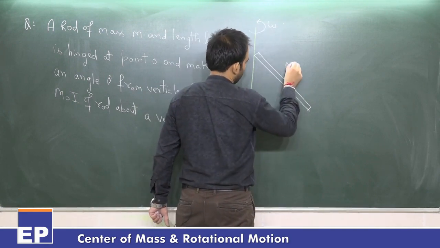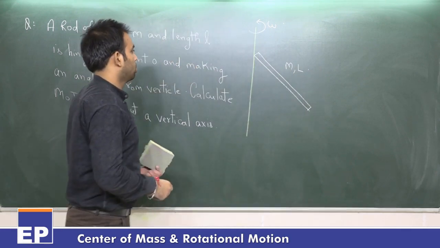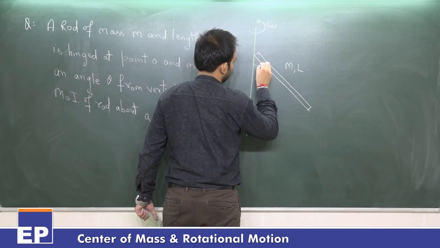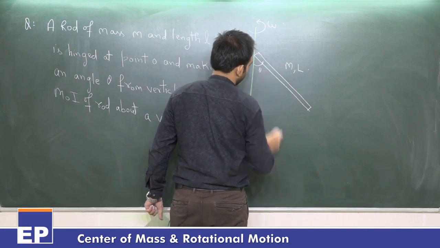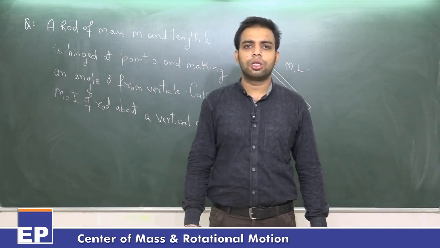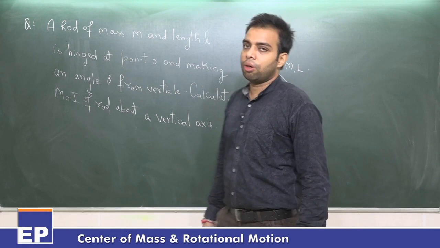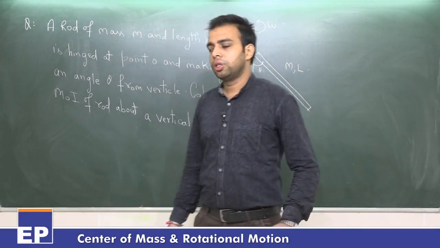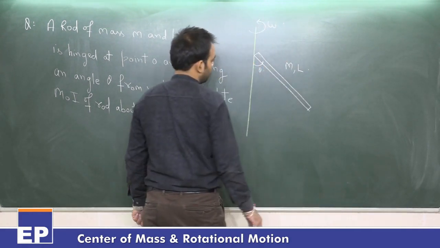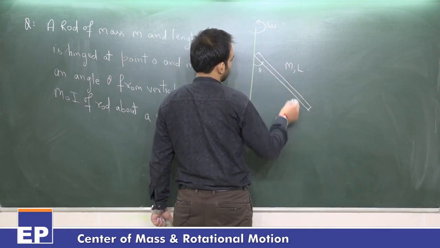This having mass m, length L, and this angle is theta. We have to calculate the moment of inertia of this rod about the axis that is shown in the figure. देखो, it is not that axis कि इसके लिए हम डायरेक्ट लिख सके m L square by 3. For that axis you have to do one thing.